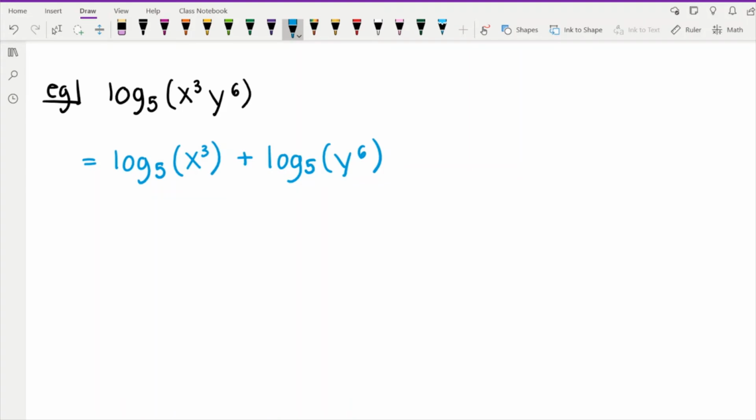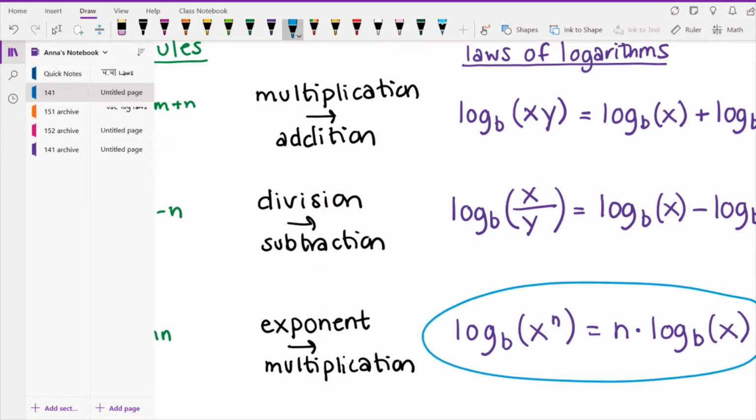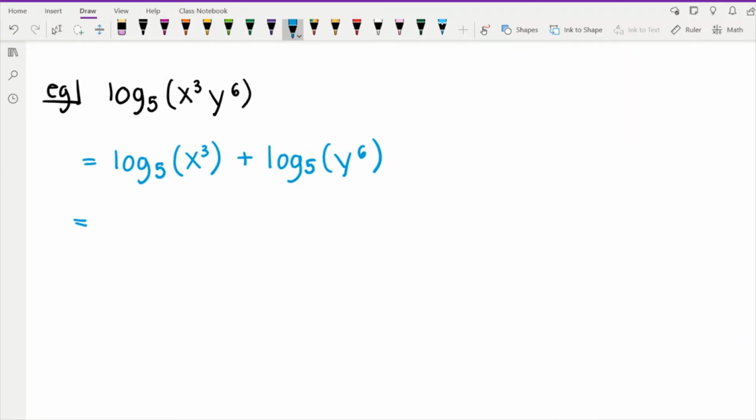And so now we can use that third rule, which allows us to bring down our exponents. In this case, that would give us, bring down the 3, 3 times log base 5 of x. And then this next term would be 6 times log base 5 of y.